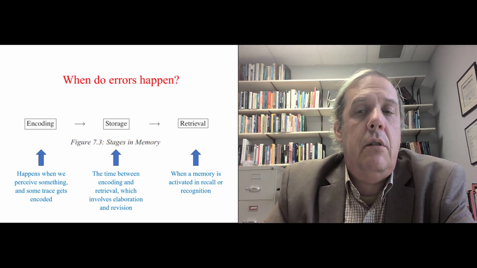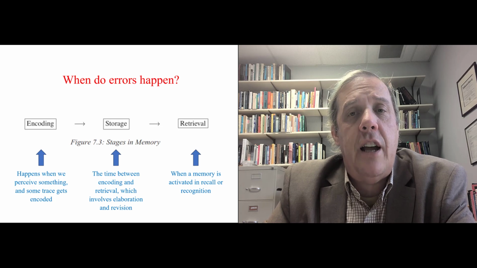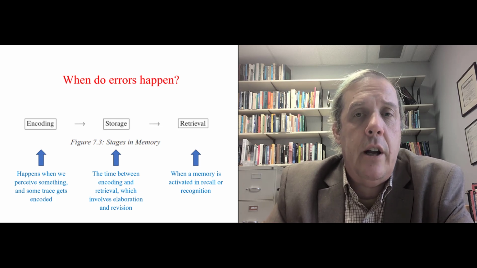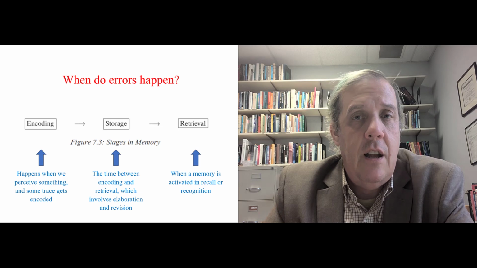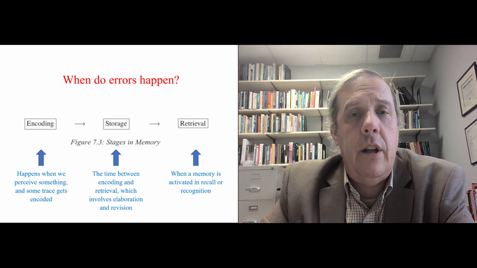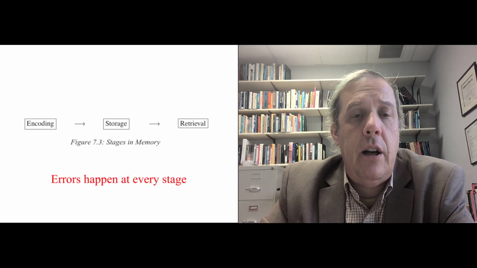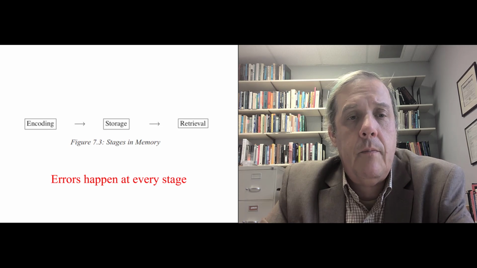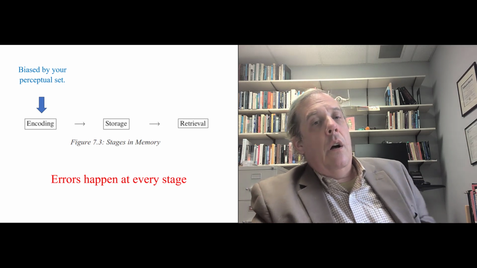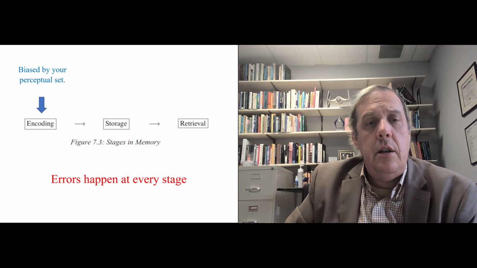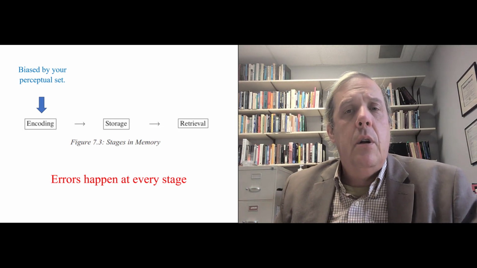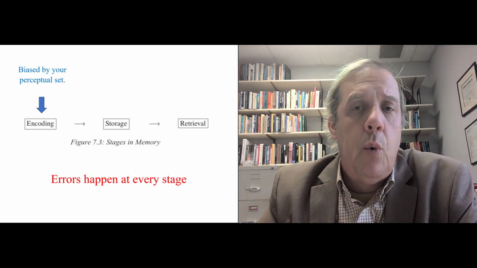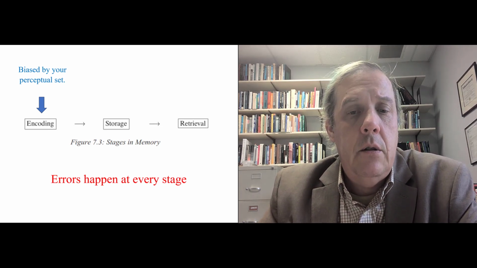So an obvious question to ask here is, when do errors happen? And you know from the reading that, in fact, errors happen at every stage. Encoding happens with perception, which means that it's biased by your perceptual set.